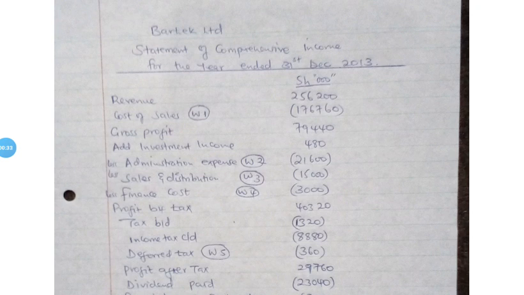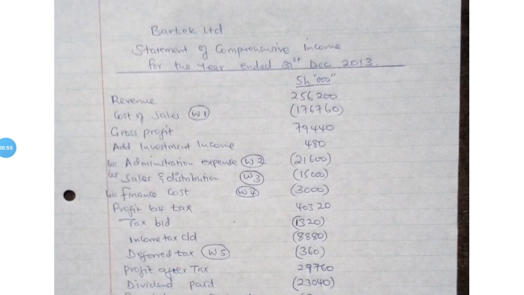Then after revenue, we normally less the cost of sales to get the gross profit. So below the revenue you write cost of sales.